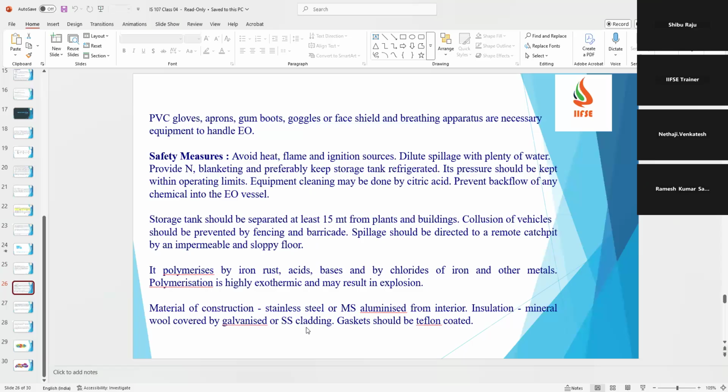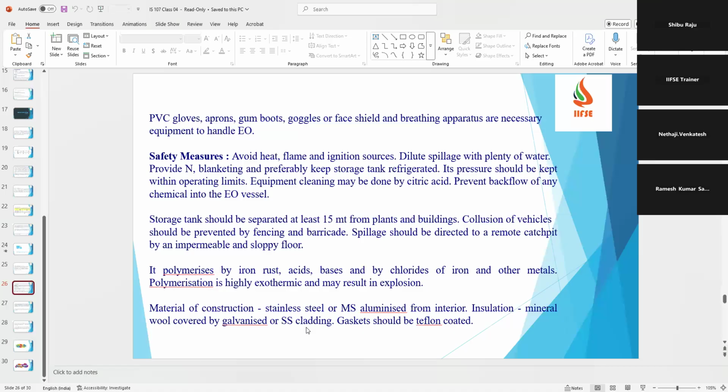Equipment cleaning may be done by citric acid. Prevent backflow of any chemical into the EO vessels. So it should be kept under refrigerated conditions at cold temperatures. We can also clean spillages or contamination with citric acid, and we have to prevent backflow of material into the ethyl oxide vessels.